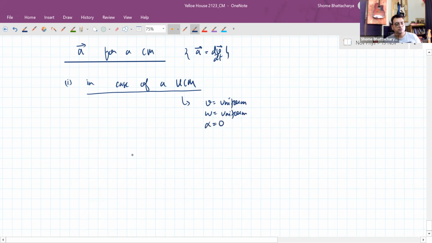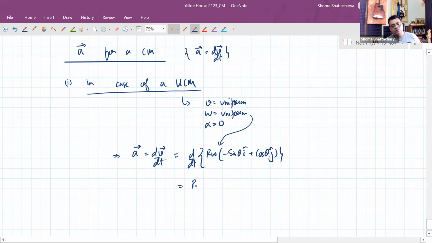Okay. So when we look at this, we have to execute this differentiation. Now we're just seeing that the velocity vector is given by magnitude r omega into the unit vector minus sine theta i cap plus cos theta j cap. So according to this definition, now omega is uniform. So we have to keep that in mind. So omega will also come out along with r, and the differentiation will apply to this. So it's minus of rate of change of sine theta i cap plus of rate of change of cos theta into j cap.